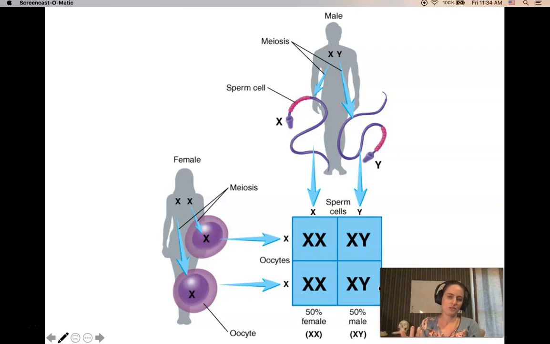I'm used to Punnett squares, so I do Punnett squares. So 50-50 chance that this person will end up with female offspring and 50-50 chance male offspring. And that's pretty much universally true, but it also applies to every other autosome, all of the other chromosomes. So the 23rd is the X or Y chromosome. 1 through 22 are called autosomes. That's every other chromosome. That is not about sexual differentiation.